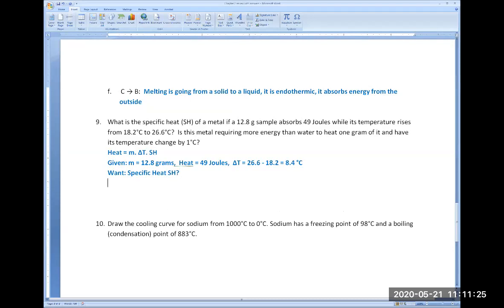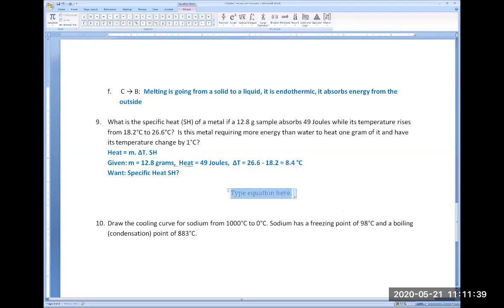So you have to use this formula and rearrange it such that SH is by itself, right? You solve for SH. So let me add an equation here.